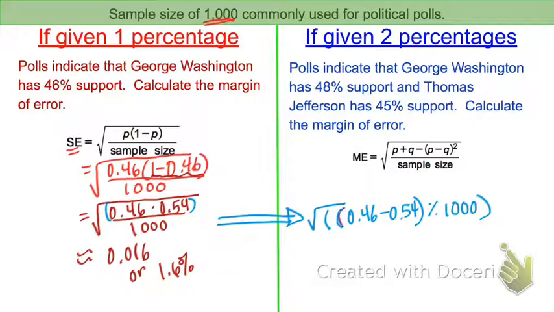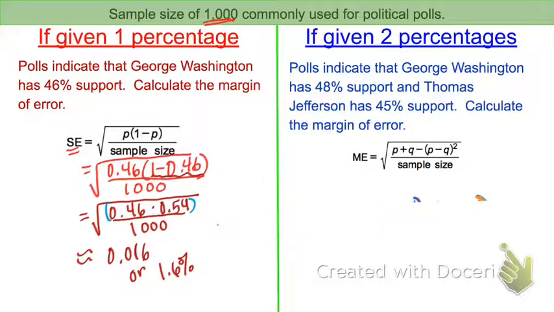So notice that I have a set of parentheses around here to tell my calculator you need to subtract these two, and then I have a set of parentheses here saying whatever you get when you subtract that, you need to divide it by this, and then the square root of that whole thing. So let me know if you're having trouble with that.